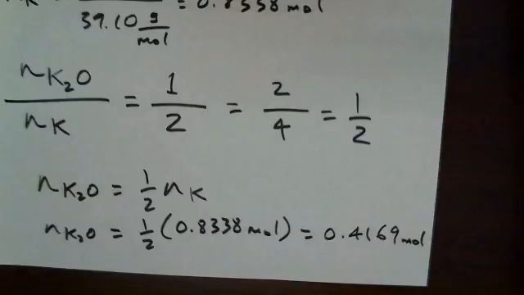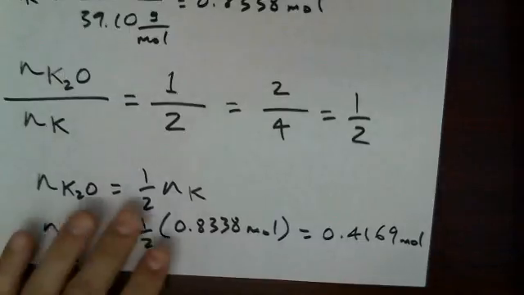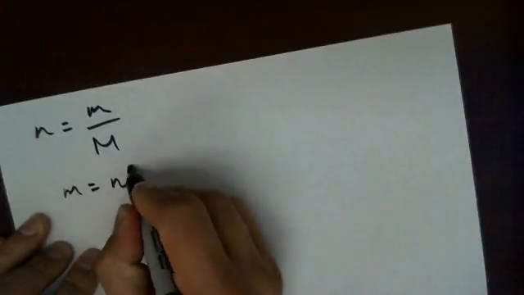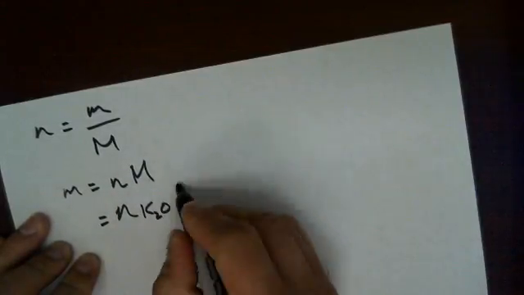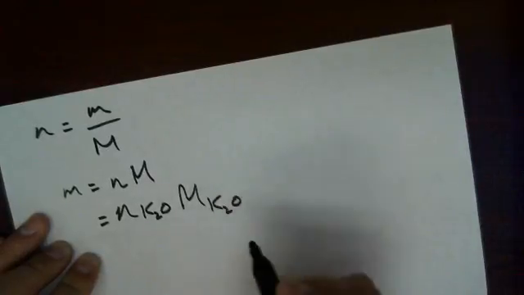So from here, I then want to complete the question by looking at the mass of potassium oxide. So given this number of moles, I can again use this formula, number of moles equals mass over molar mass, and rearrange this. So I get mass equals number of moles times molar mass, and that's going to be the number of moles of the potassium oxide times the molar mass of the potassium oxide.